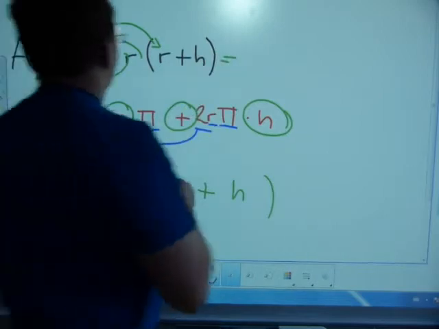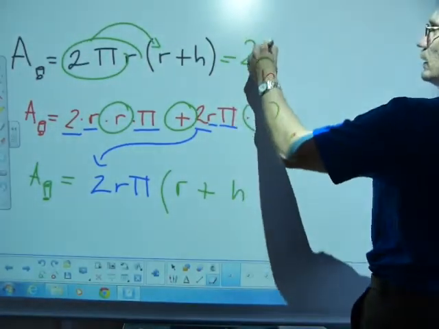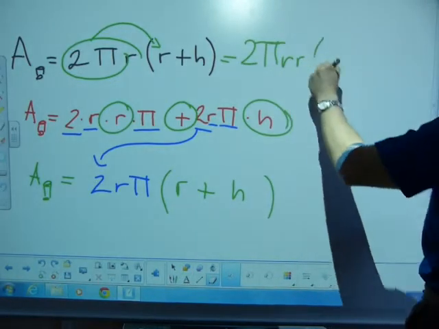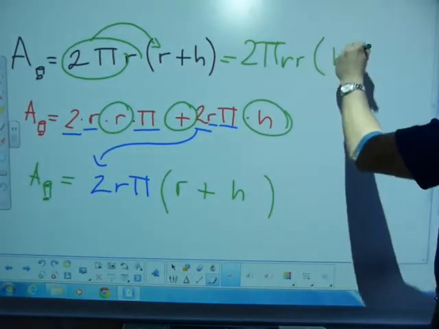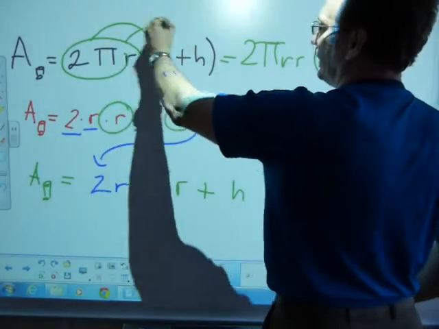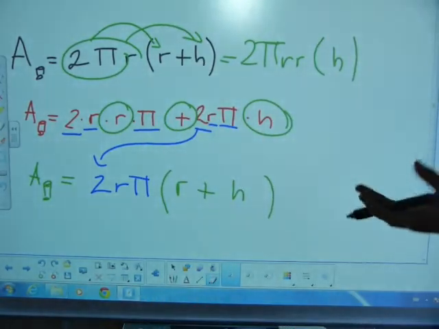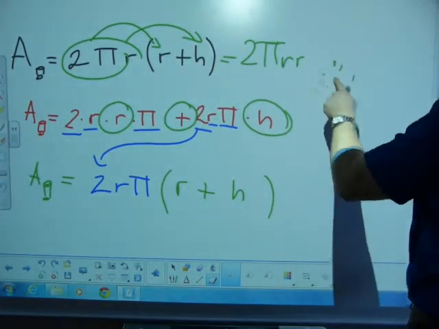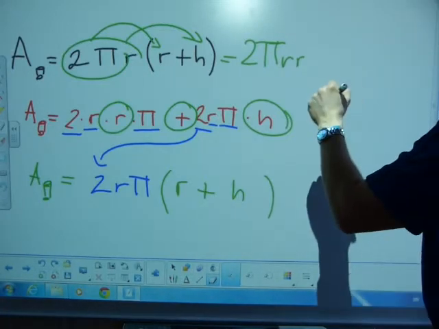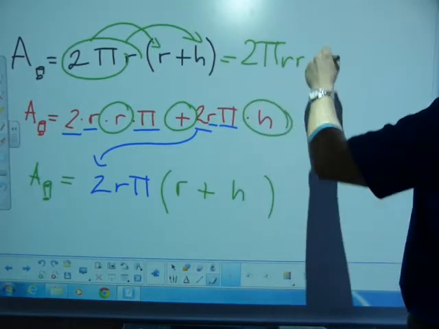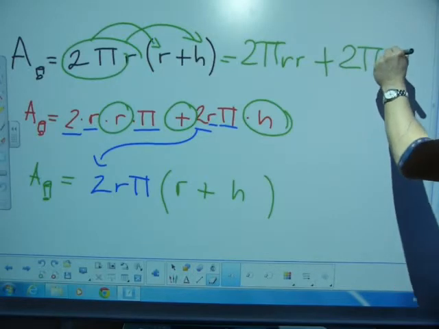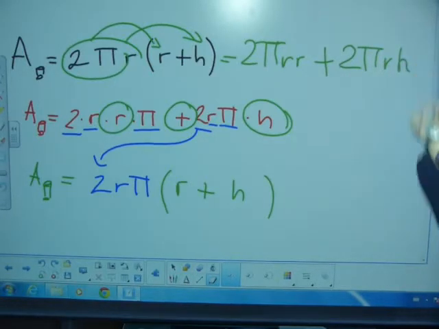If we do that, we get this 2 times pi times r times r, and then in the bracket we've got h so far, and then we have to multiply everything outside of the bracket with h as well, so that doesn't look good. 2 times pi plus we've got 2 times pi times r times h.